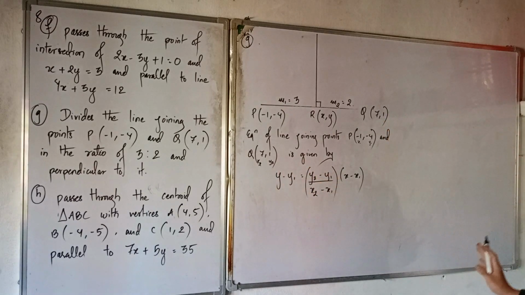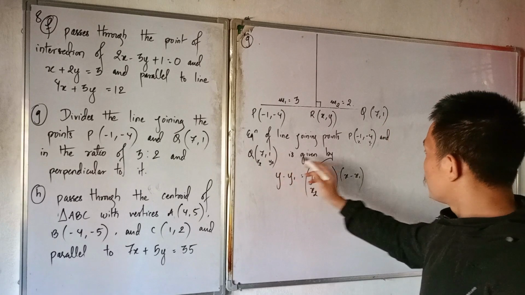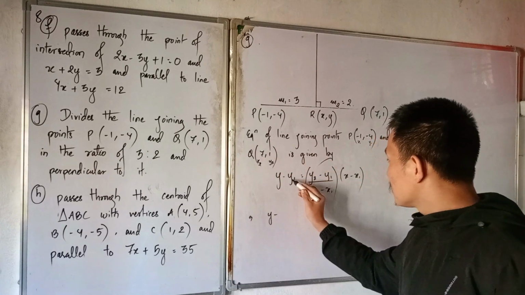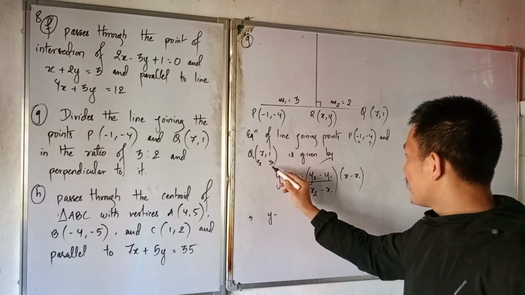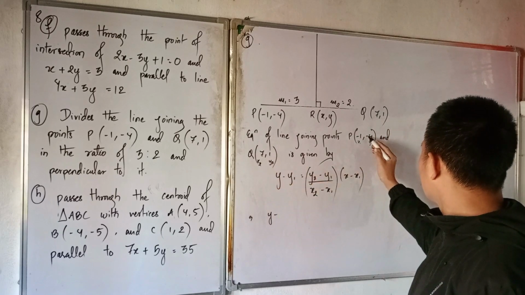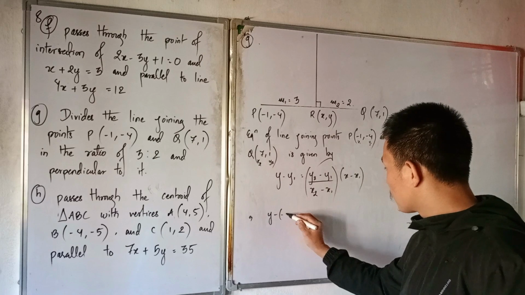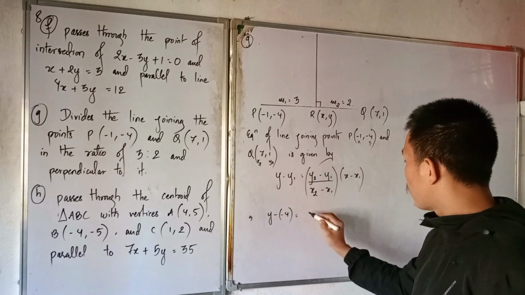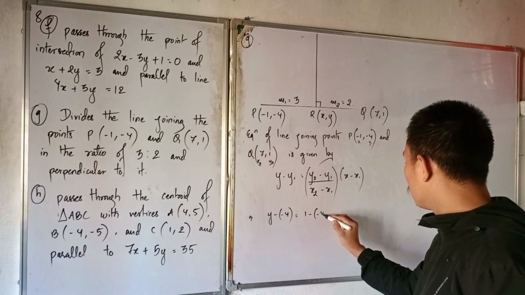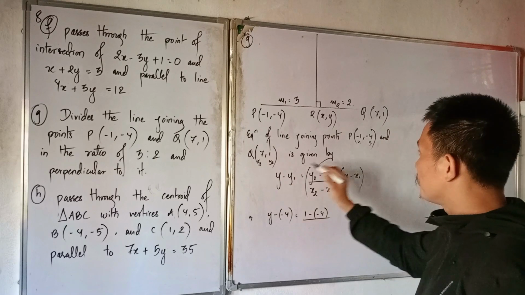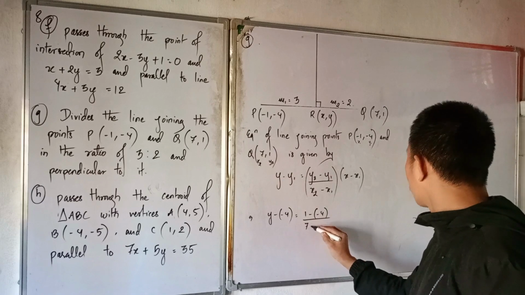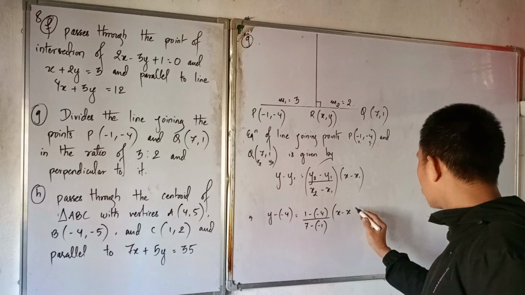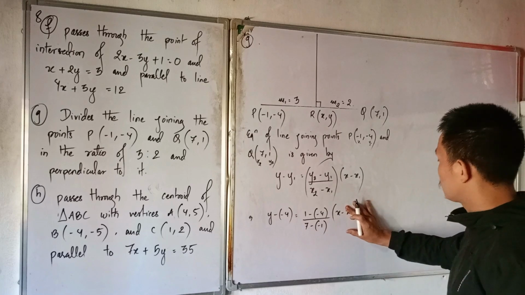Now just replace the values. For y1 we have minus 4, for y2 we have 1 minus (minus 4), for x2 we have 7 minus (minus 1), and x minus x1 we have x minus (minus 1).